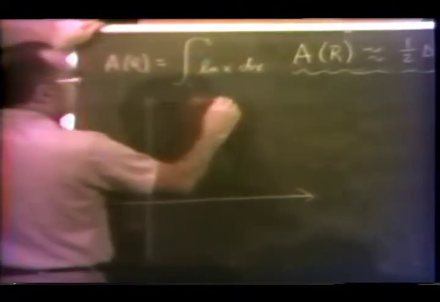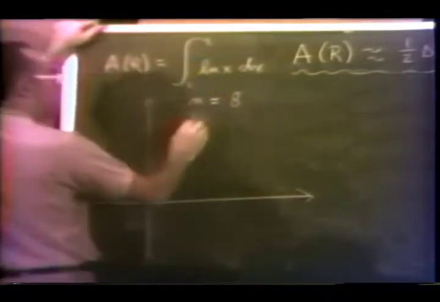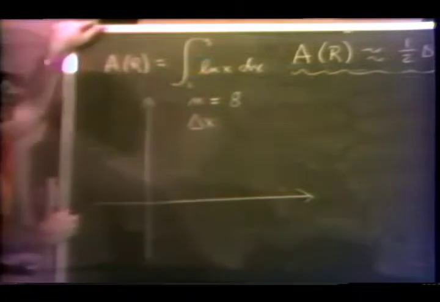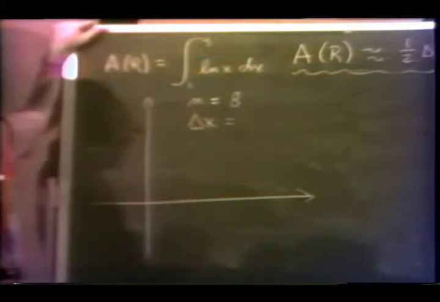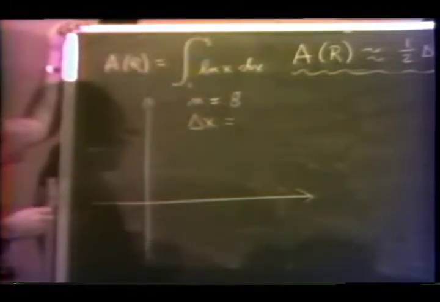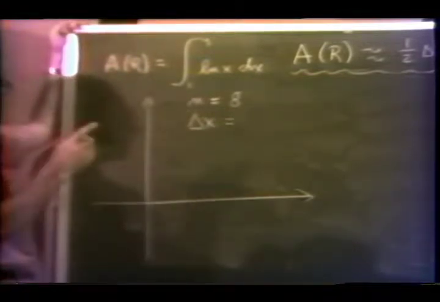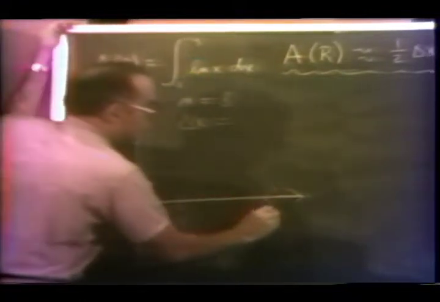First thing you have to do in your approximation is pick what n is. So I'll pick n equal to 8. Delta x we haven't computed yet. Delta x then in this case will be, Mr. Johnson, what will delta x be if n is 8? What in general is delta x that we used all along? See, we're going from 1 out here to 3.